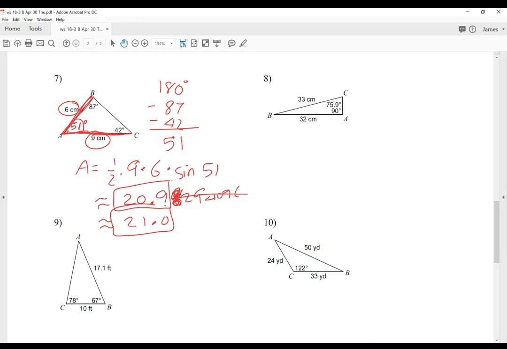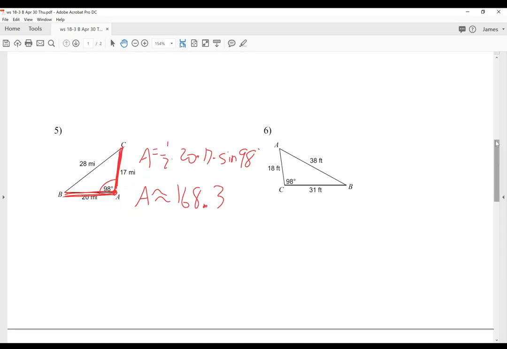And one more thing, the units. Centimeters, you should put centimeters squared. That looks weird, but since you started with 9 centimeters and 6 centimeters, you put centimeters squared. If you just have numbers, then you just put the number. All the other problems too, it's not a big deal, but you should put the unit, and then squared, because it's area.